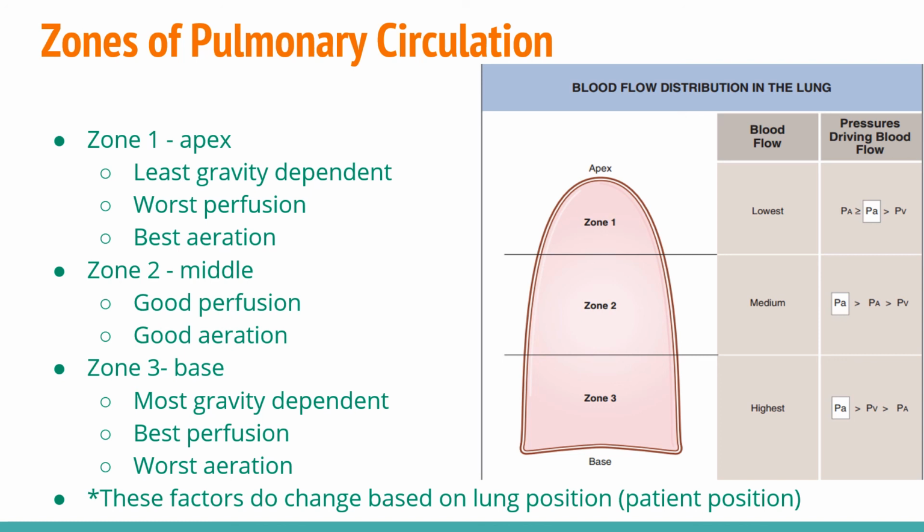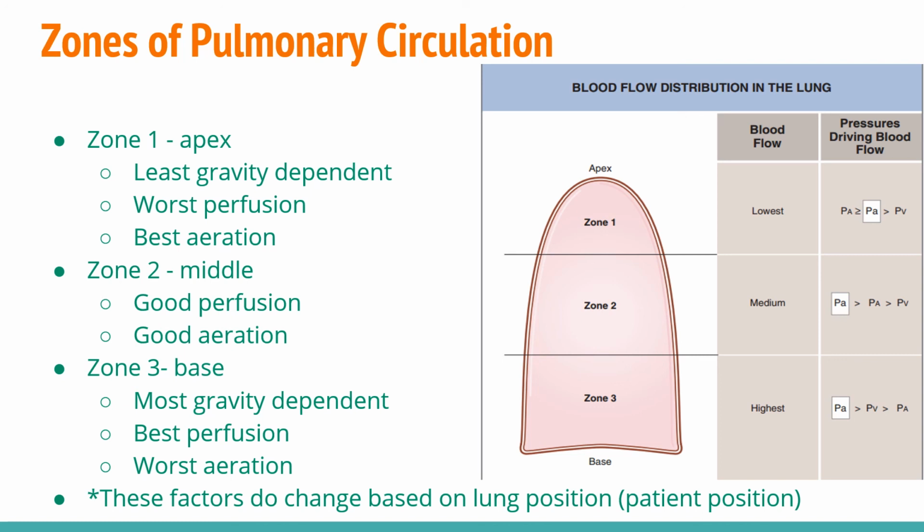Think of your trachea and your main stem bronchi, which go the path of least resistance. Looking at the driving pressures on the diagram, your blood flow is the lowest, and your alveolar pressure is greater than your arterial, which is greater than your venous pressure. The V means your veins.